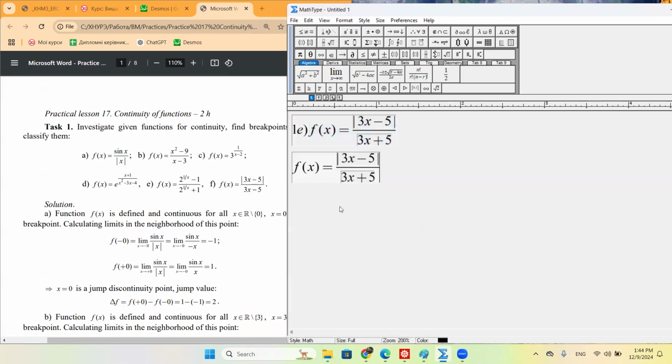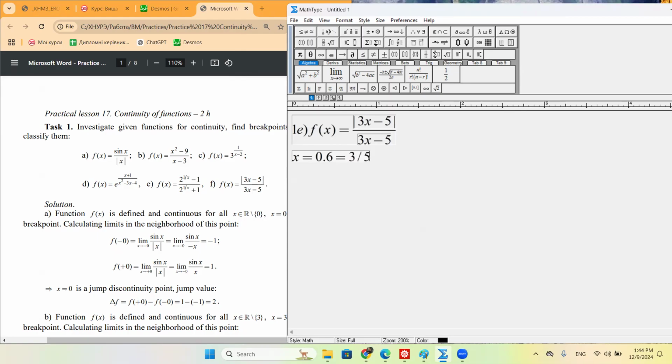Sorry, in denominator minus 5. Yes. Thank you for your attention. So what is the discontinuity point? 0.6, or just 3/5.